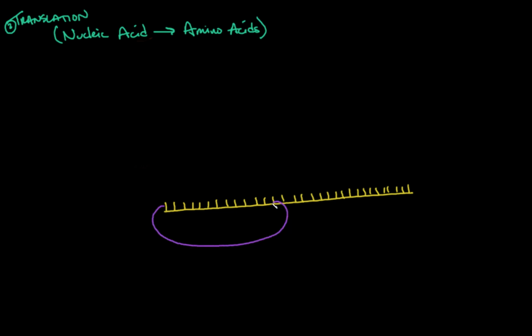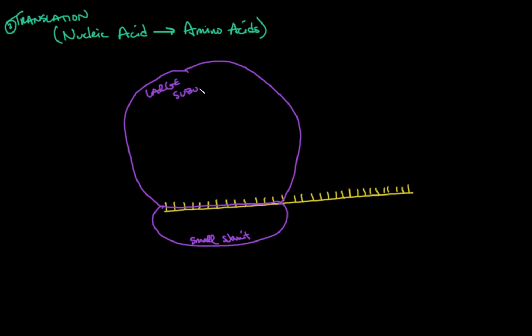So we might say the ribosome, one part is here. We're going to call this the small subunit. And then there's a larger piece that is the large subunit.